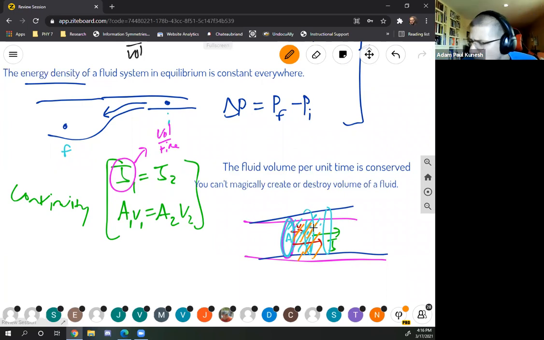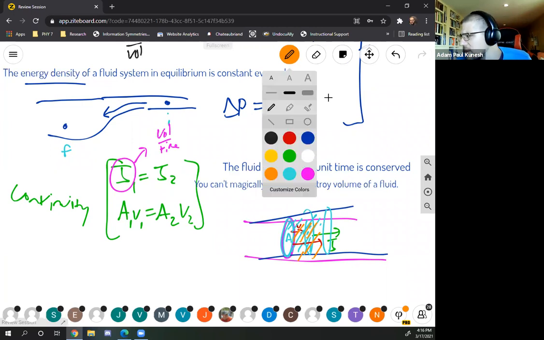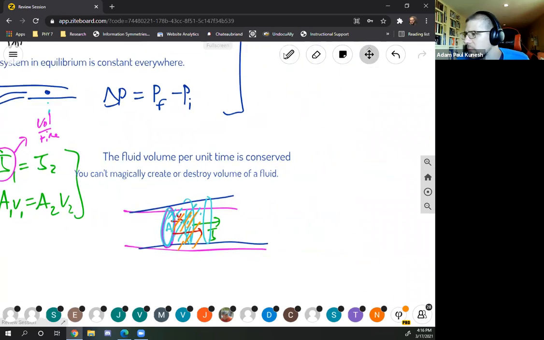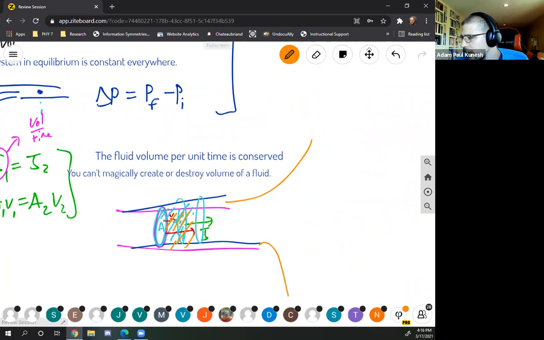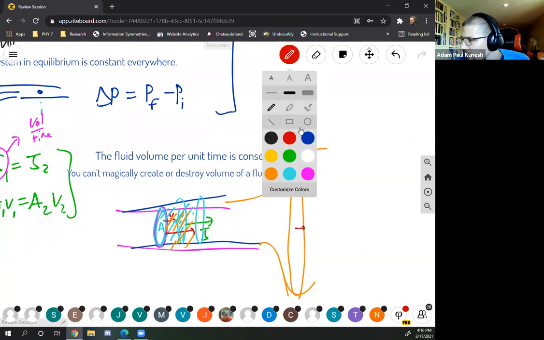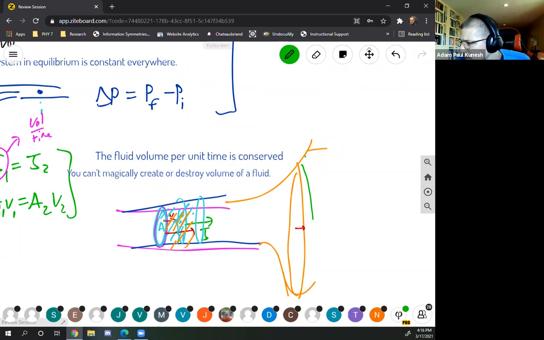And what continuity tells me is that if I take this point in my pipe, or I take some later point in my pipe, say over here, maybe it gets wide, the volume of water passing through any surface is the same. In this case, the velocity will become smaller, because if I've got a skinny cylinder versus a really wide cylinder, in order for them to have the same volume, it's got to have a shorter length.